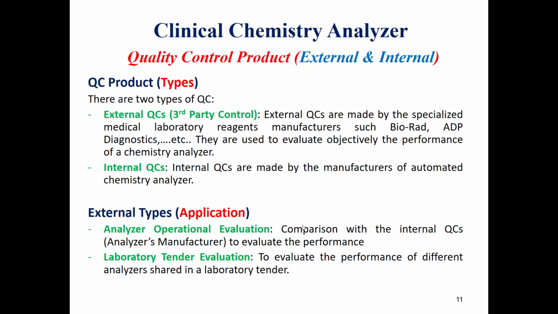Another application will be in the case where we are planning to purchase a new clinical chemistry analyzer. So we use external quality control product in order to make an objective and accurate evaluation of the performance for the different suppliers who are sharing in this bid.